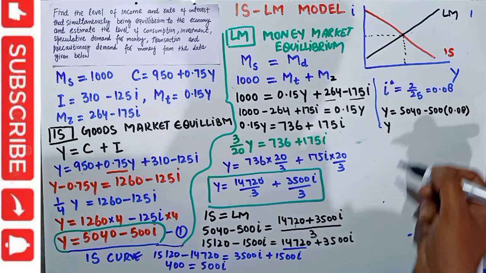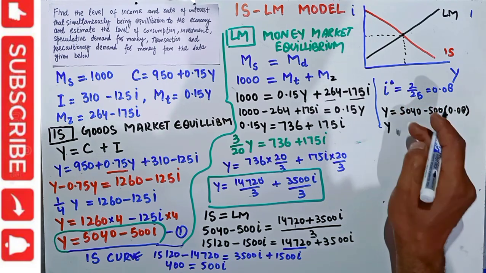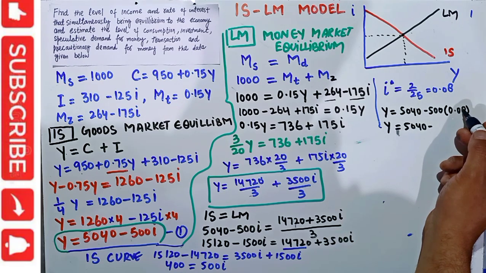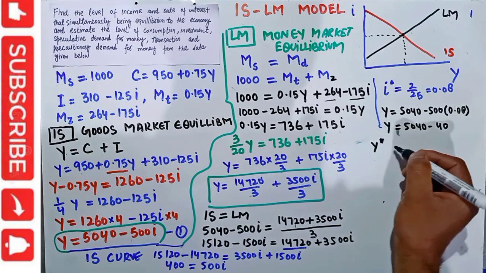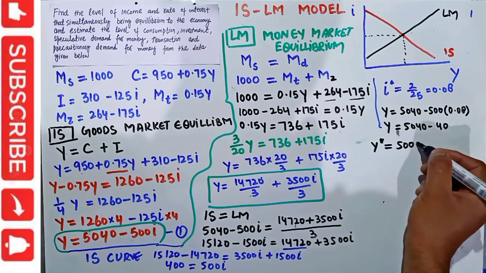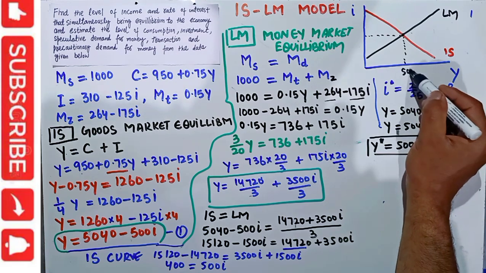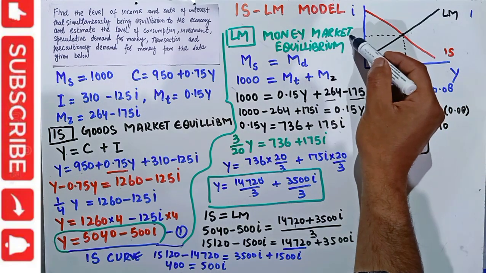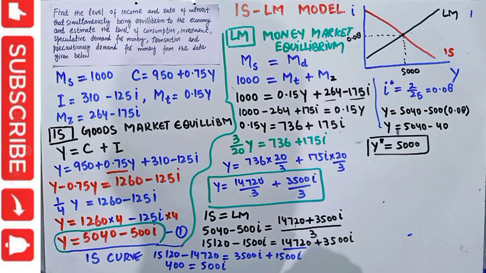Solving this, when we do the multiplication, we will get here 40. So our equilibrium level of income will come out to be 5000. So we have 5000 as equilibrium level of income and 0.08 is the rate of interest.